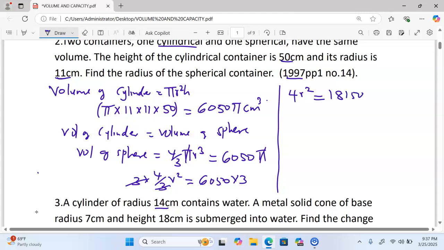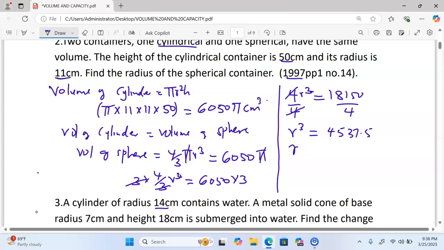If you divide both sides by 4, 4 and 4 will cancel, such that our radius cubed will be equal to 18,150 divided by 4, you get 4537.5.